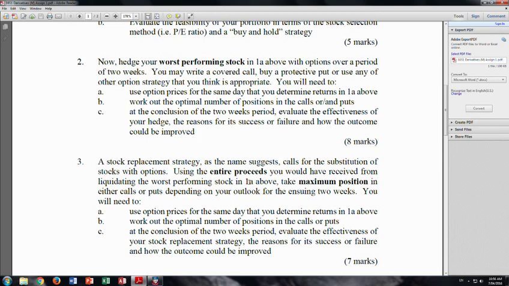Then it flows through to item 2, which is that, well, if you are laden with a portfolio that gives you at least one stock that doesn't perform, then what can you do with that stock? Do you want to hedge that? Do you want to protect that? Do you want to do damage control? What can you do, right?